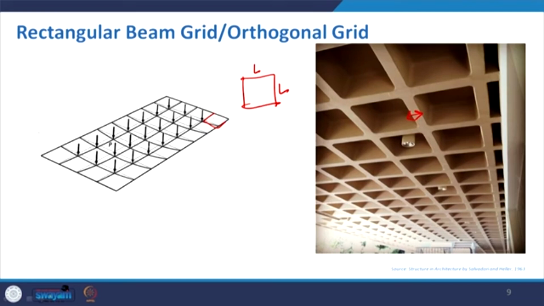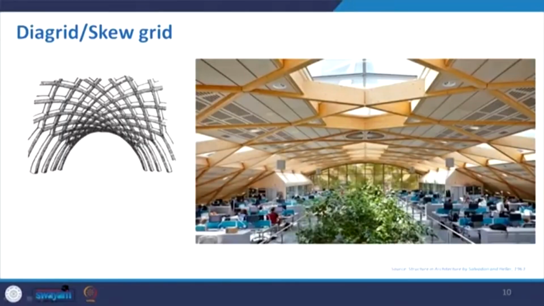Many government buildings earlier used this kind of rectangular beam grid, or orthogonal grid, for their canopy. Proceed with the diagonal grid. Here you can see the grid being placed in the form of an arch, and the members are crossing each other, so it is not very straight.